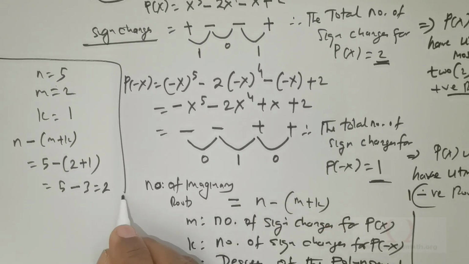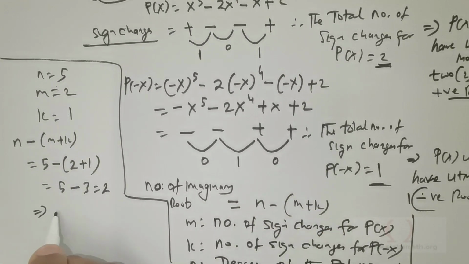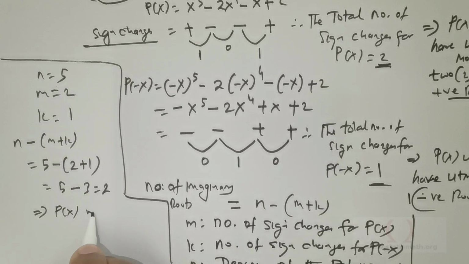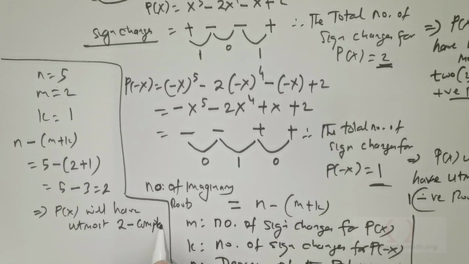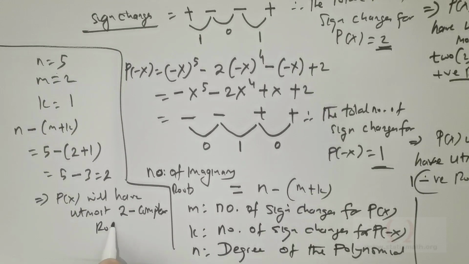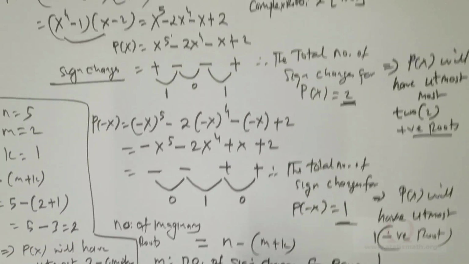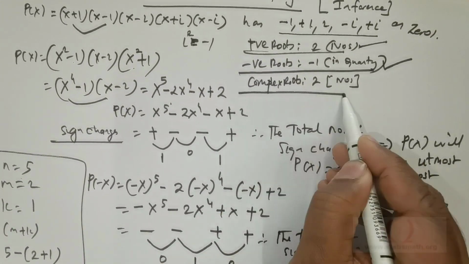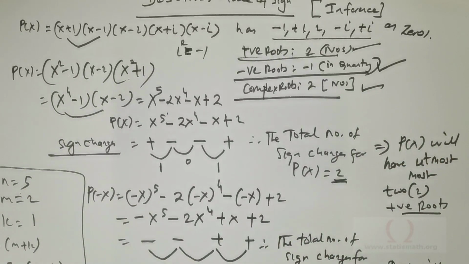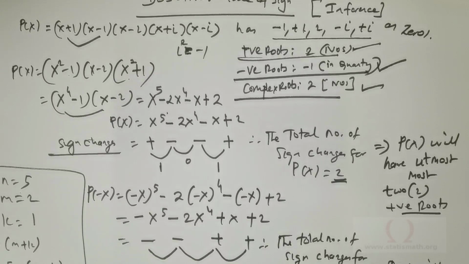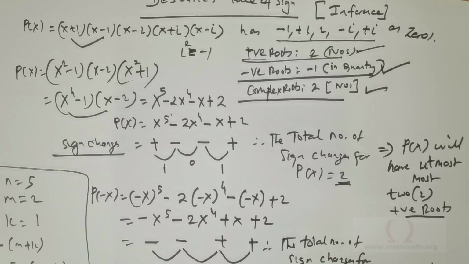This would mean that the polynomial p(x) will have at most 2 complex roots. So clearly you see that there are 2 complex roots here. That is the understanding that we would have to achieve when we study Descartes' rule of signs.